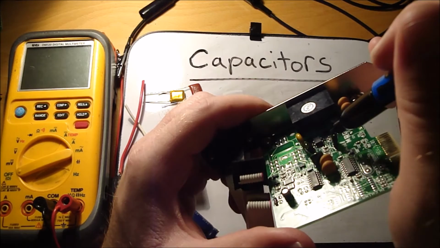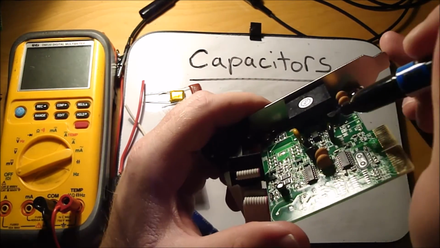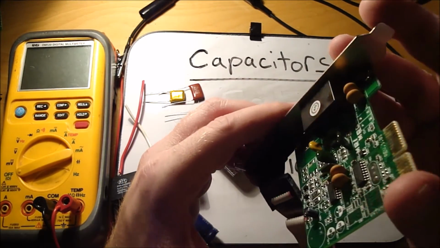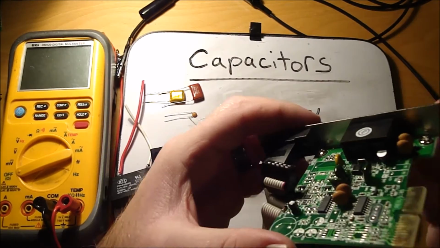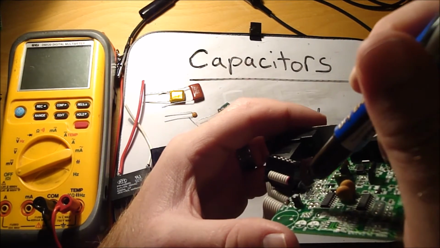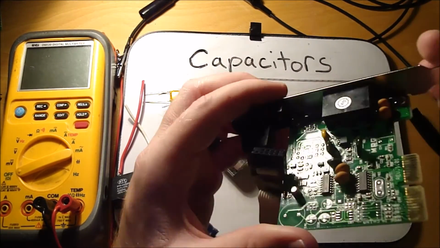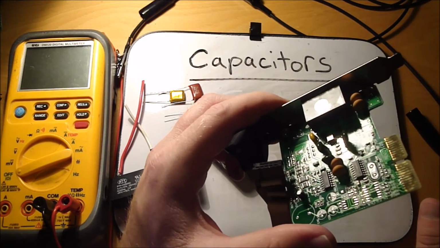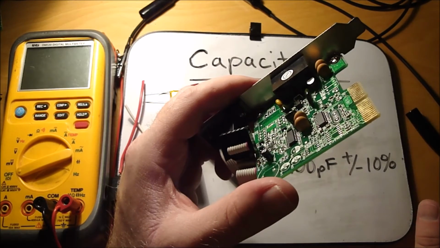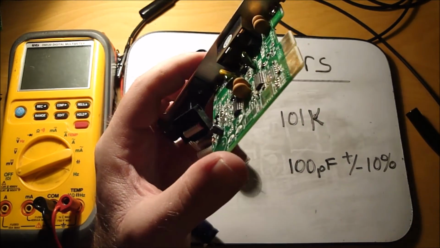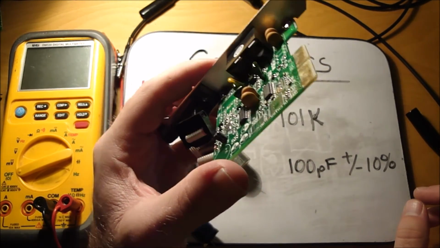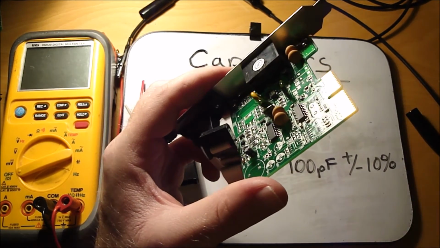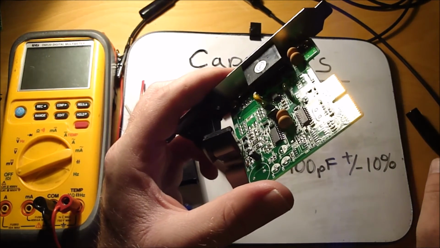This is another type of capacitor, these green rectangle ones that are sticking up. And then you got a little tiny electrolytic capacitor right there. So the different colors and shapes of the capacitors also tell you what type of capacitor it is with the dielectric, and you can go online and look up what all the different shapes and colors mean.